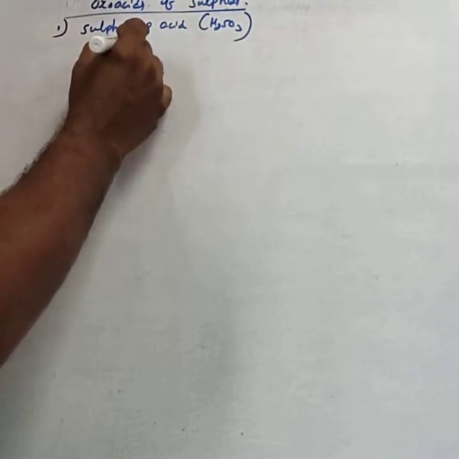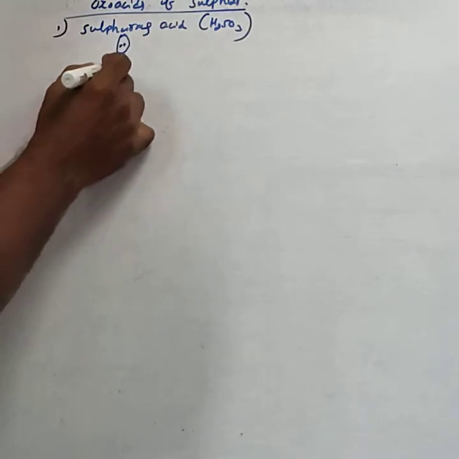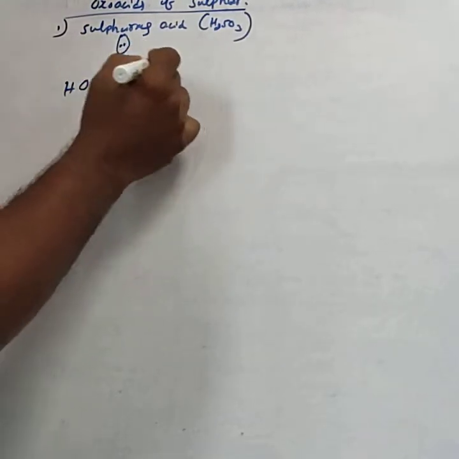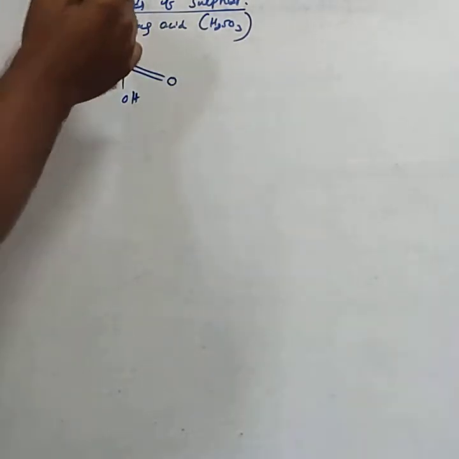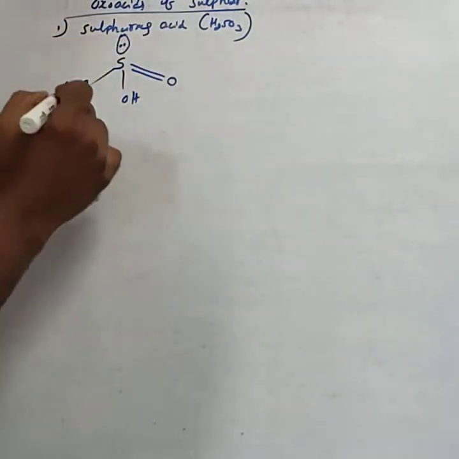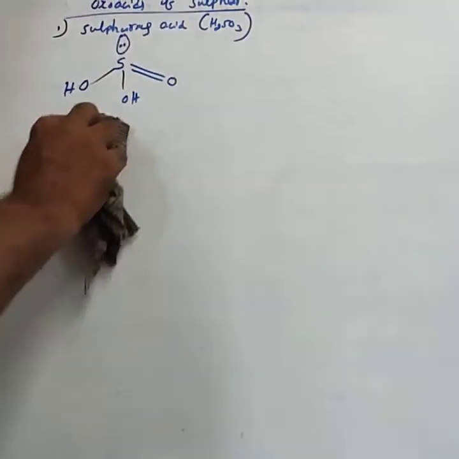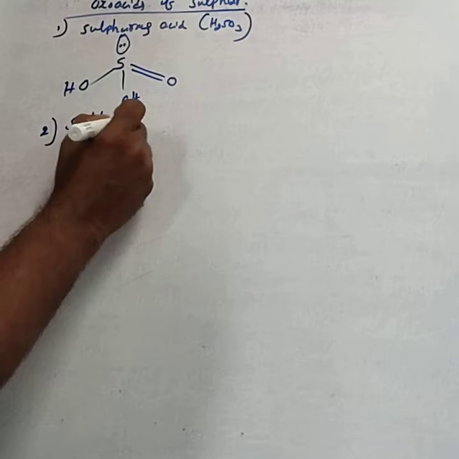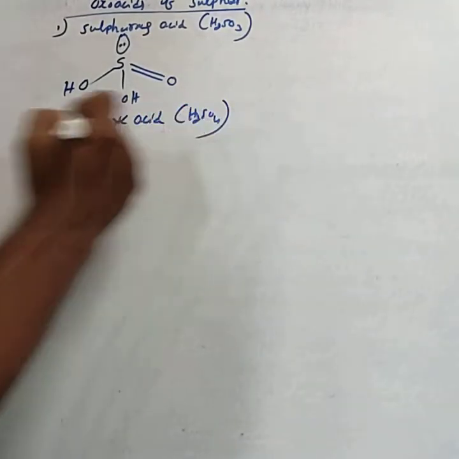In this sulfurous acid, one of the orbitals contains the lone pair of electrons. Then OH, then double bond O. This is sulfurous acid. Then next one is sulfuric acid, formula H2SO4.